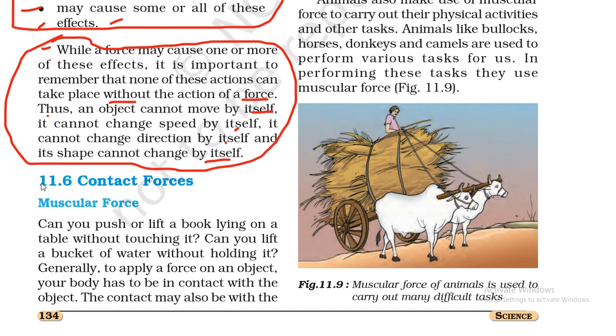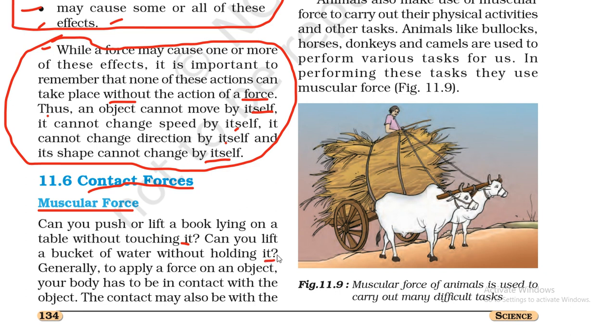Now we are ready to understand the concept of contact forces. So let's see what are contact forces. First one is the muscular force. Can you push or lift a book lying on a table without touching it? Your answer is no. Can you lift a bucket of water without holding it?